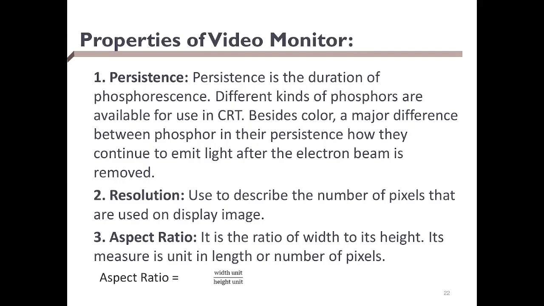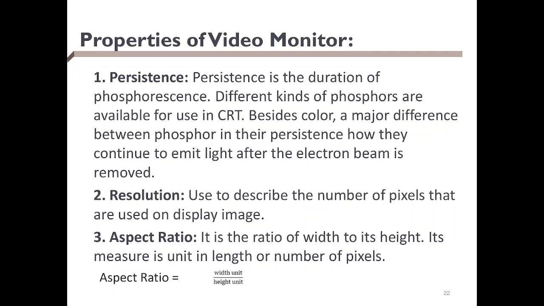That's the persistence, how it persists. So when the electron beam has already been removed, how long does the phosphorescence last, how long do the colors persist, that's the persistence, and it's one of the properties of a video monitor.